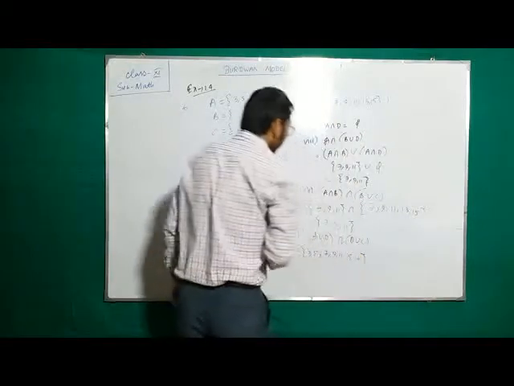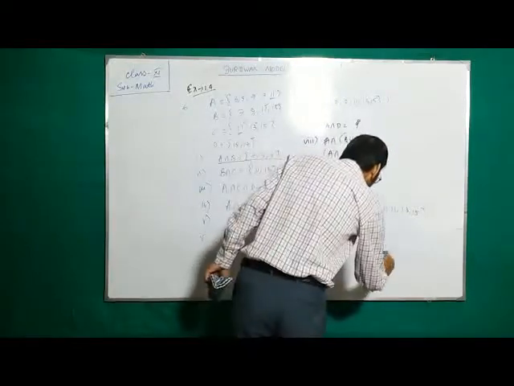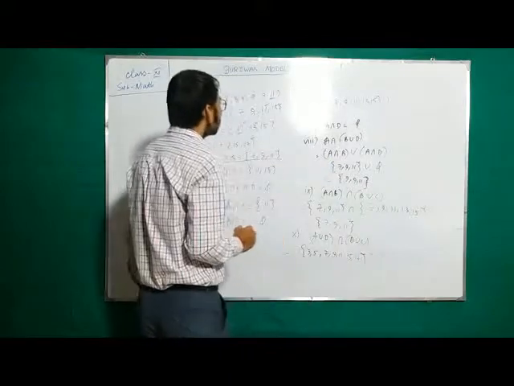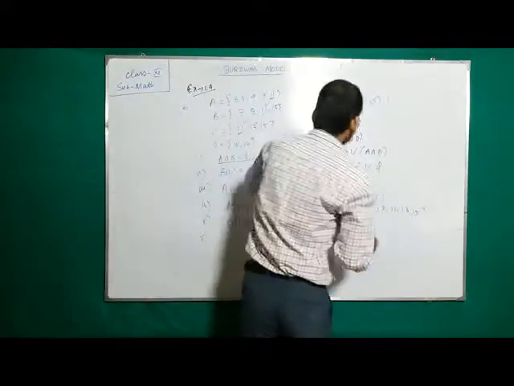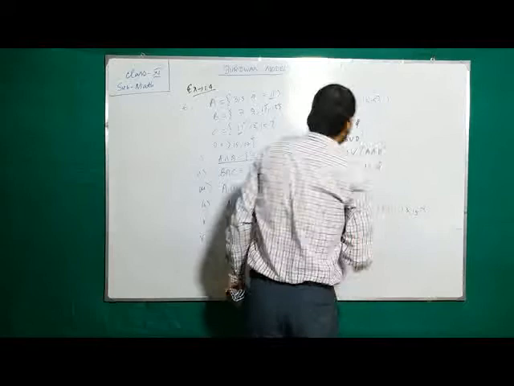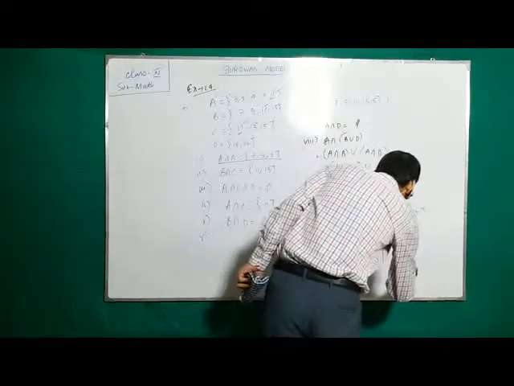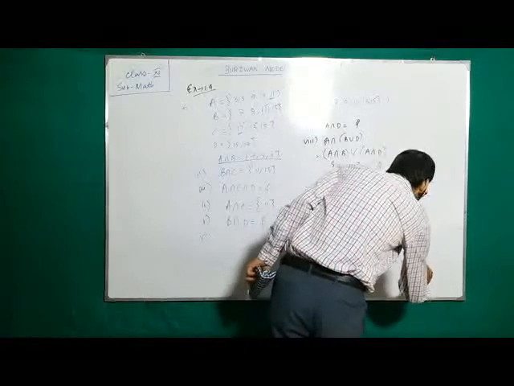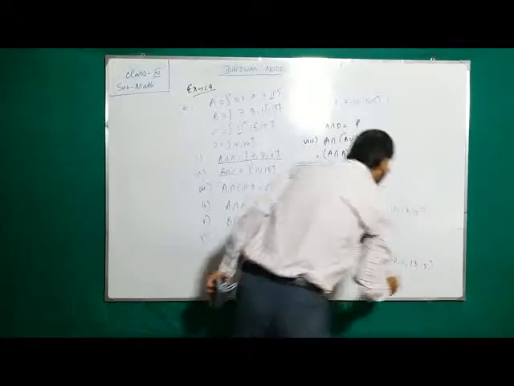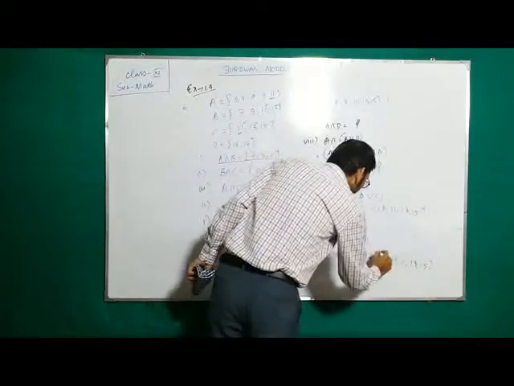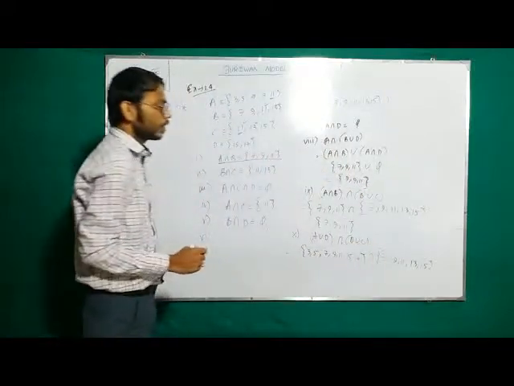This is intersected with B union C, which is 7, 9, 11, 13, 15.